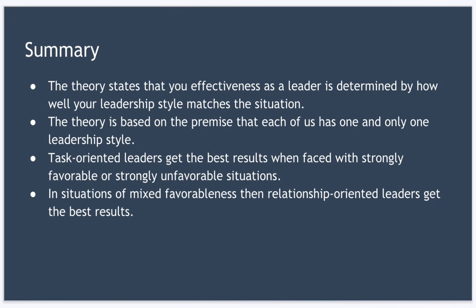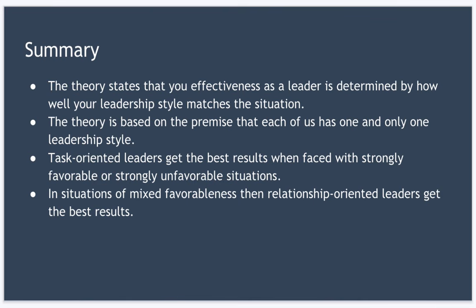So in summary, Fiedler's contingency theory of leadership states that your effectiveness as a leader is determined by how well your leadership style matches the situation. The theory is based on the premise that each of us has one and only one leadership style, which can be scored on the least preferred coworker scale, or LPC scale.